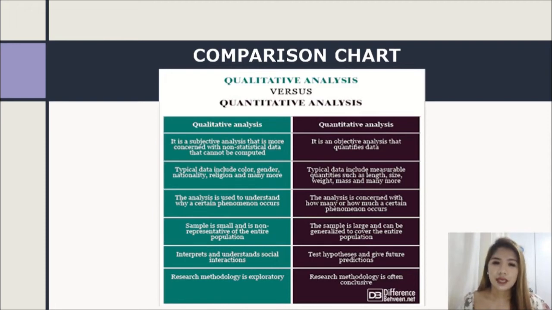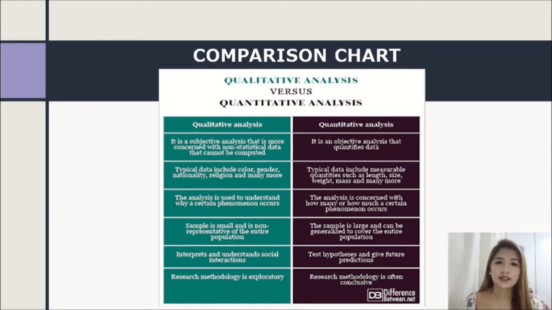Next, in qualitative analysis, the typical data include color, gender, nationality, religion, and many more. While in quantitative analysis, typical data include measurable quantities such as length, size, weight, mass, and many more.